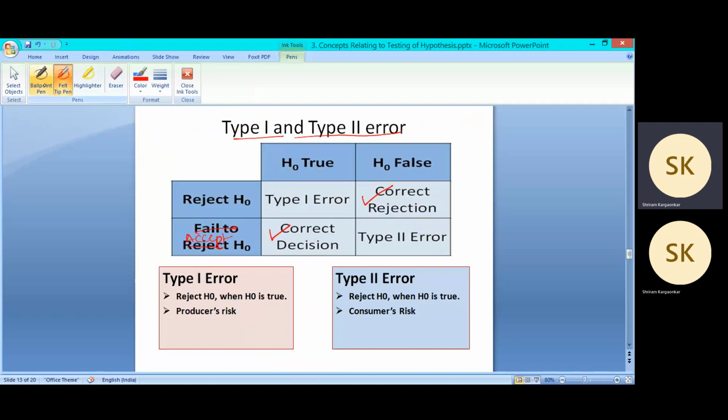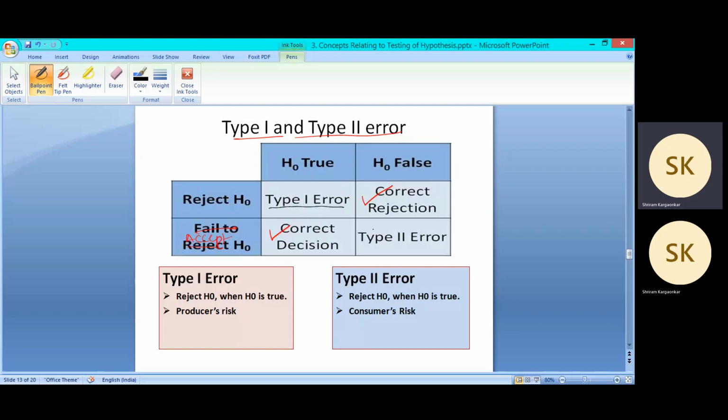The first situation is if H naught is true and it is rejected, then it is called a type 1 error.